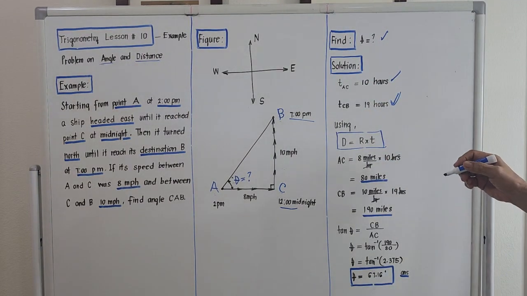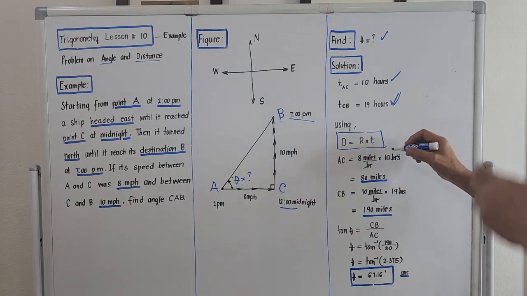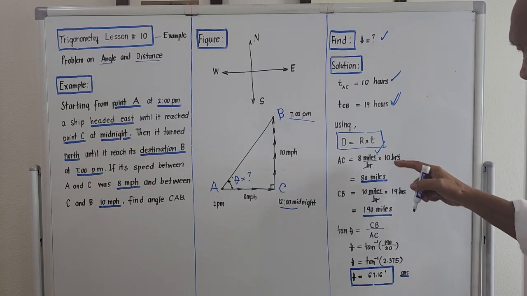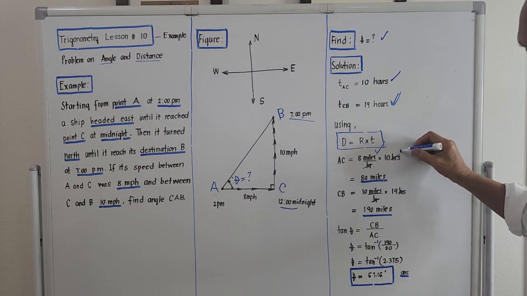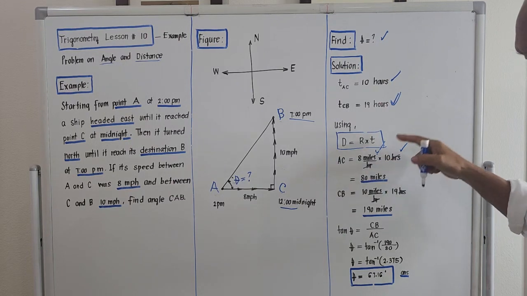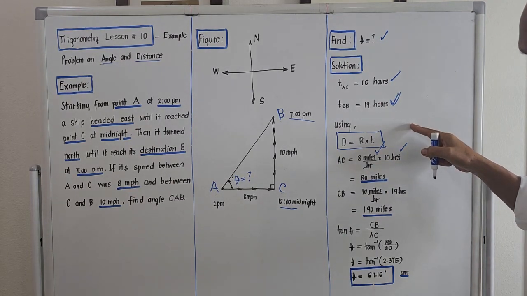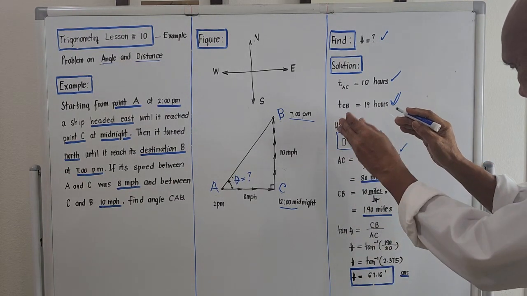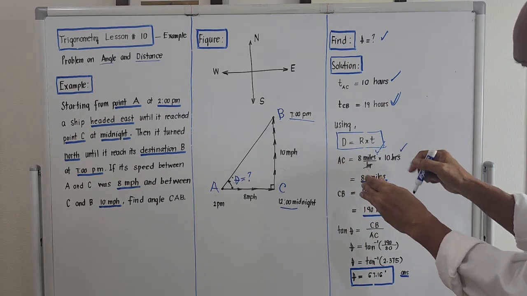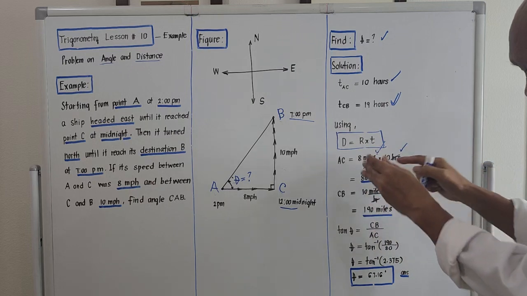Substituting values, the rate from A to C is 8 miles per hour, right? And the total time is 10 hours. So this is 8 miles per hour times 10 hours. The operations on the numerator are all multiplication, right? So we can cancel something on the numerator and denominator.